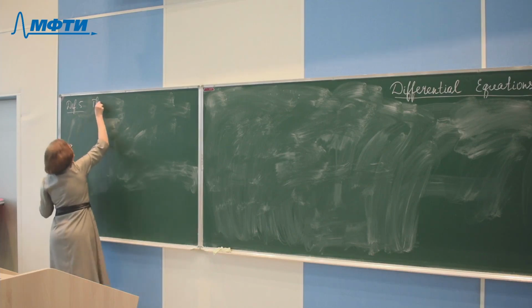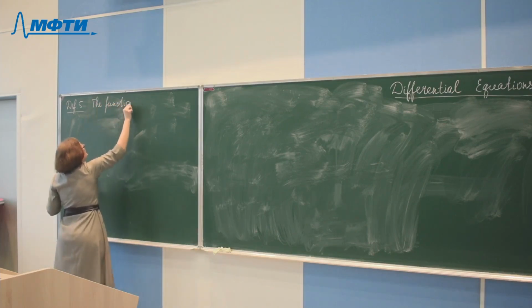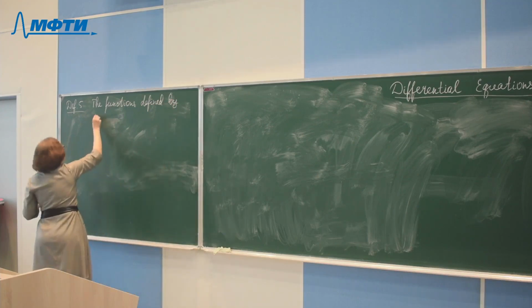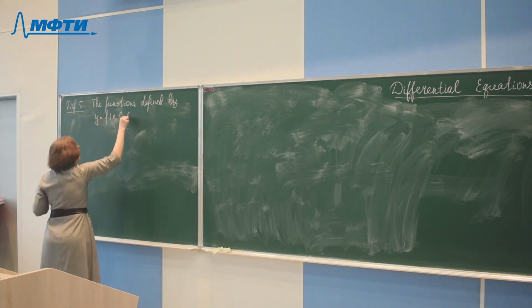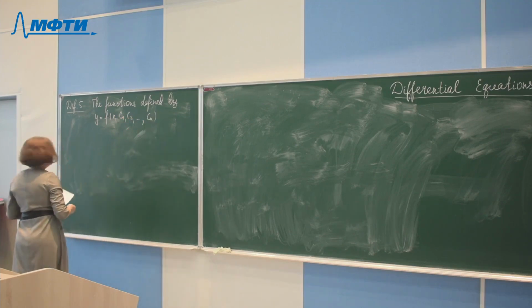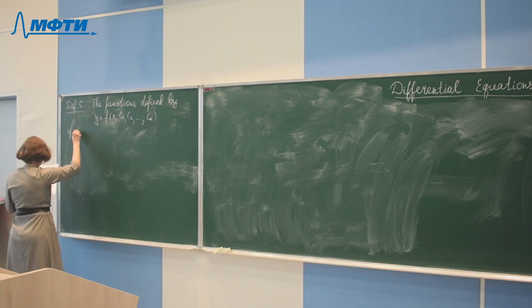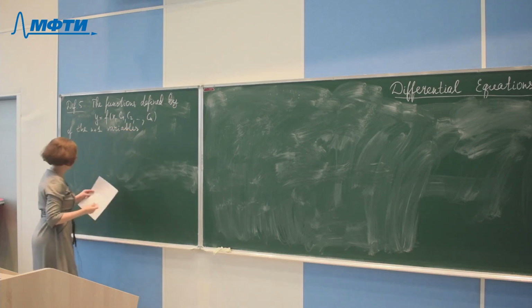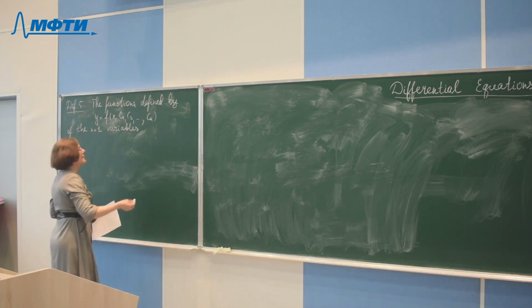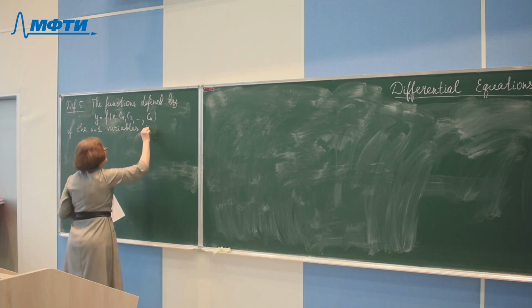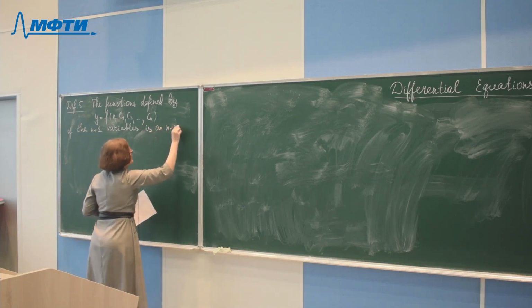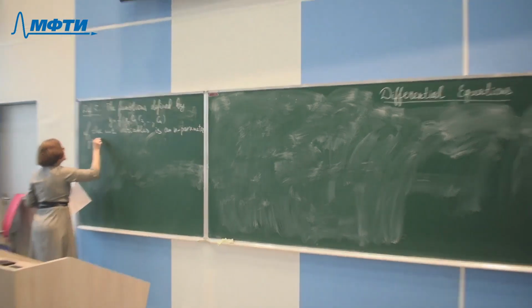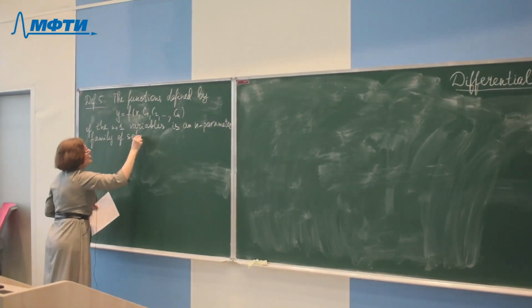Okay, so the function defined by f of x, c1, c2, and so on, cn, of the n plus 1 variables will be called an n-parameter family of solutions.